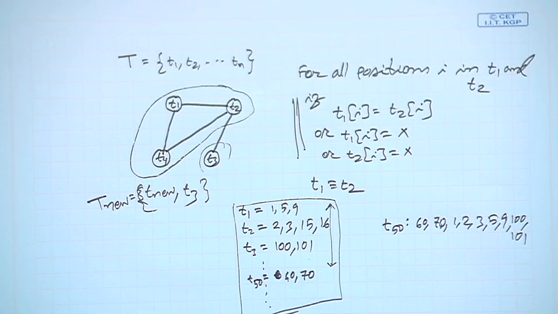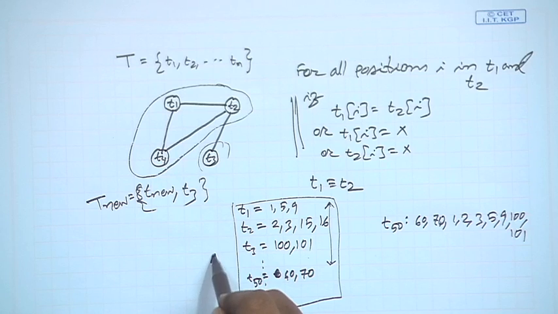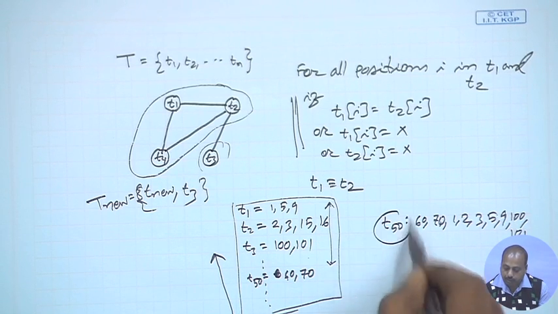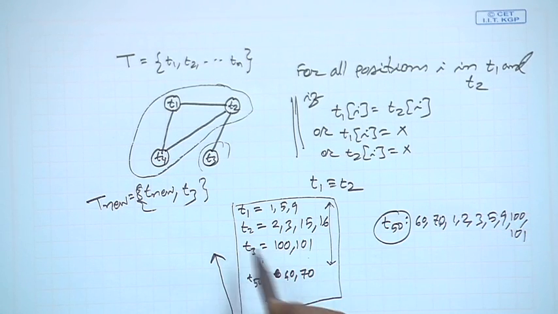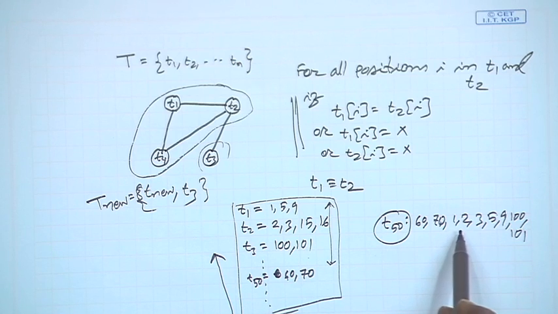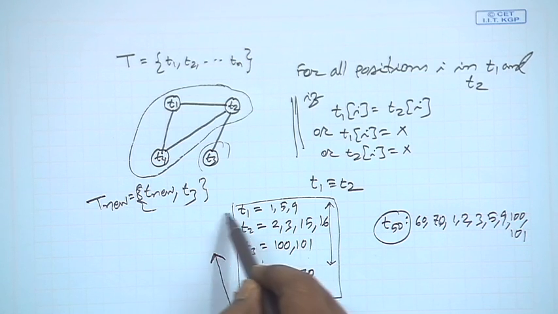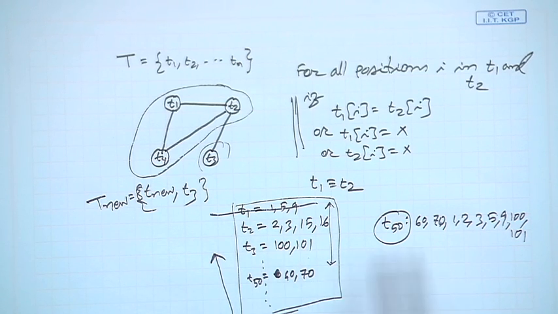So, if we do a fault simulation in the reverse order, and include T50 into the set, then the pattern T1 is not required, because its faults 1, 5, 9 are already covered by T50. So, this will go, and similarly T3, having 100 and 101, will also go.